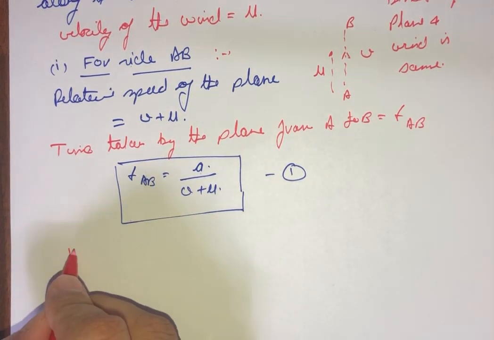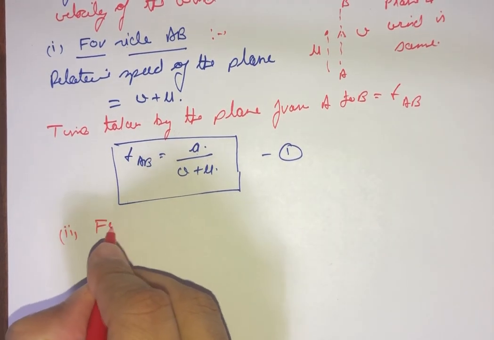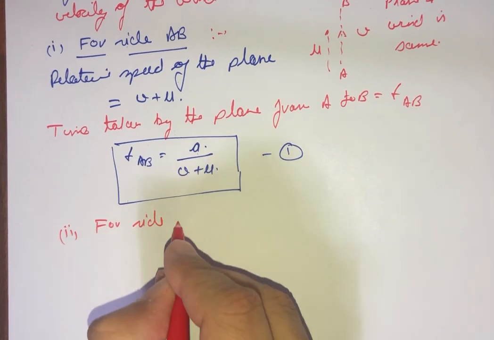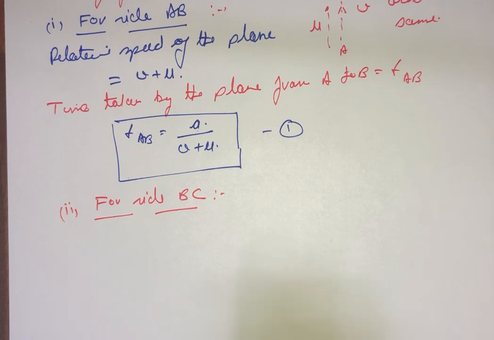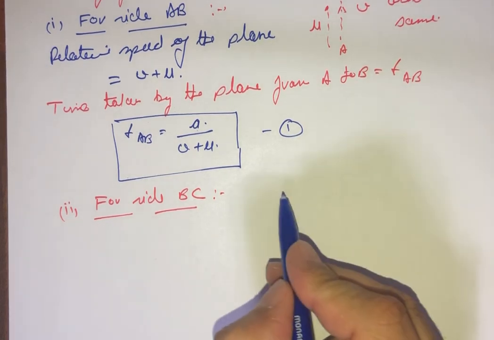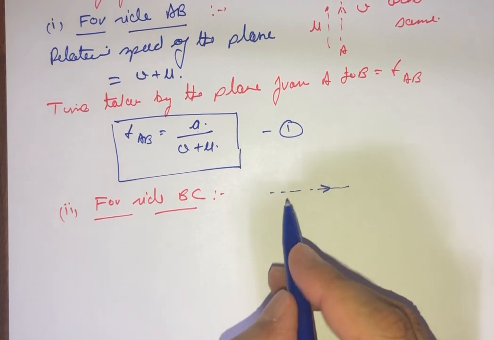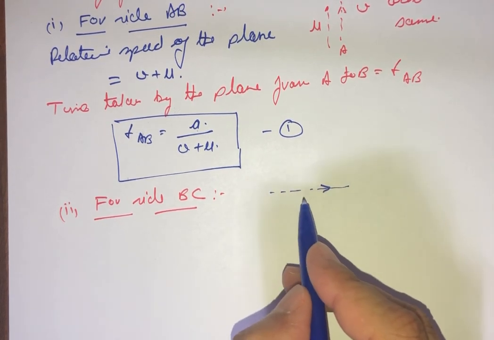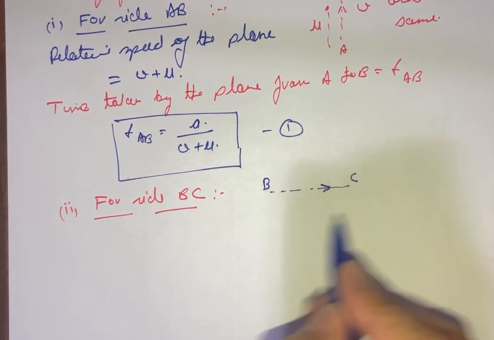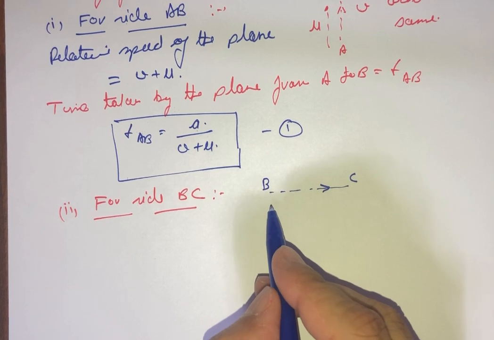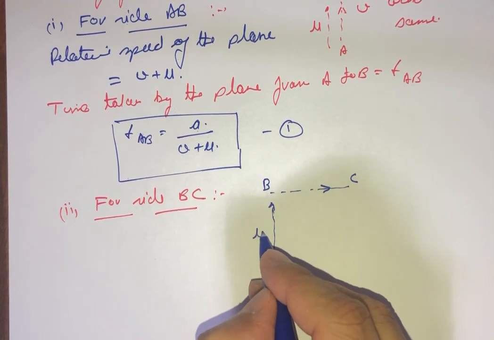Now second, for side BC. For side BC, the plane will be flying in this direction, but actually we want the plane to fly in BC direction, and the wind will be flowing in this direction, that is u.